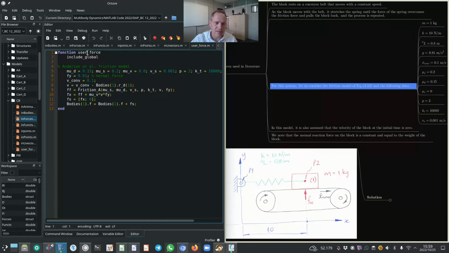On the left hand side of the screen, in user force, this is now equation 4.43, Anderson et al. So we define all the input parameters that we've listed here in the mind map.